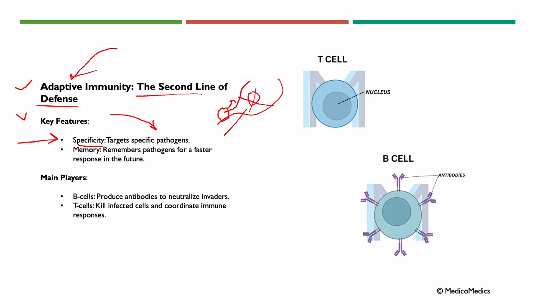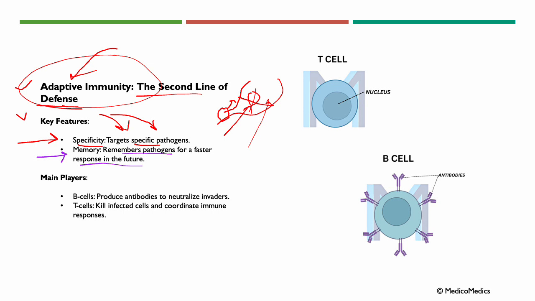But they are not specifically targeting anything, compared to our adaptive immune system, where these cells target specific pathogens. Another key feature is memory. These cells remember pathogens for a faster response in the future. And we will talk about how that happens.